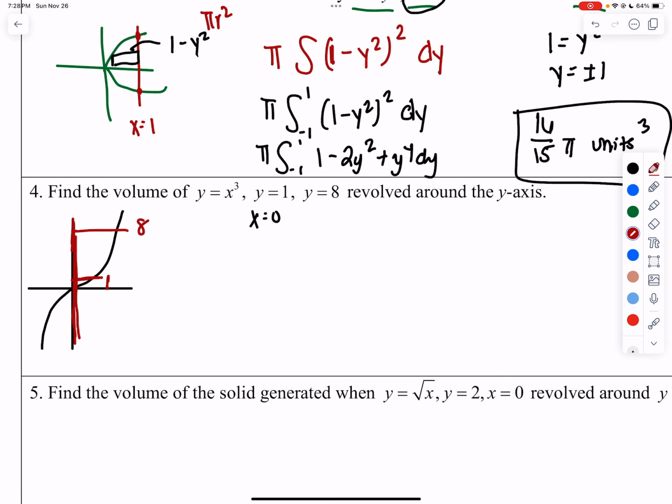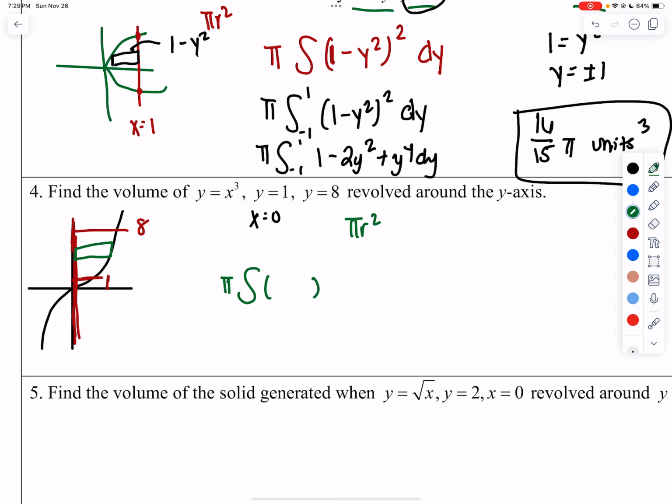Now, I can't really do top minus bottom because there's really no top here. And then my bottom is going to be my cubic. Then again, there's not really a bottom. So I'm going to have to use right minus left in terms of my circle. So to find my radius here, I have right, which is going to be my x cubed. And then I have, oops, not x cubed.